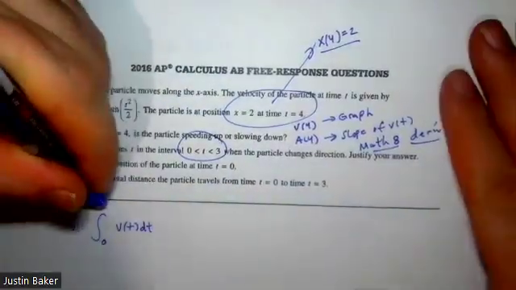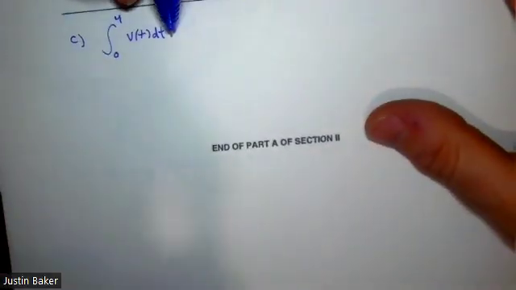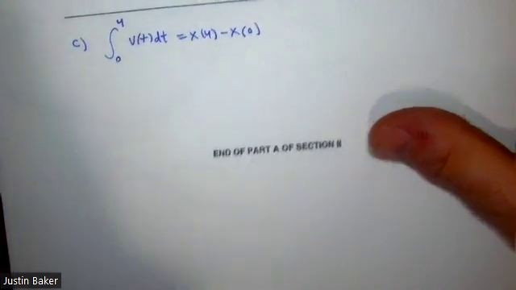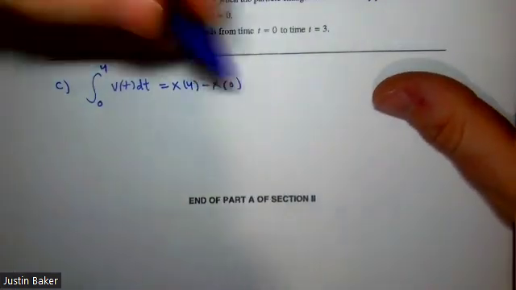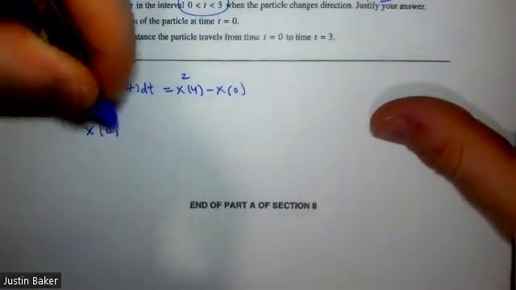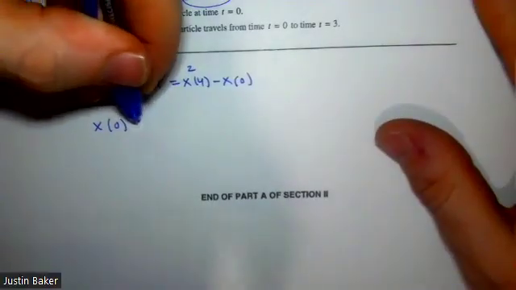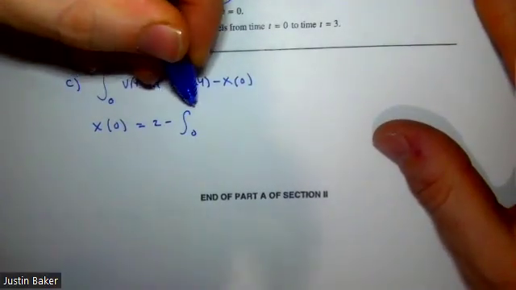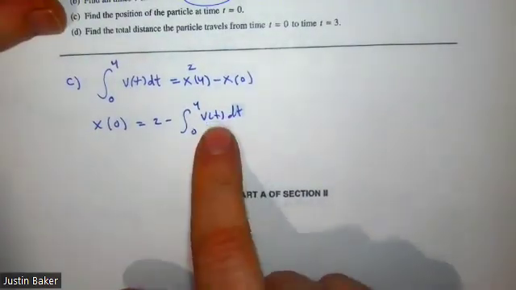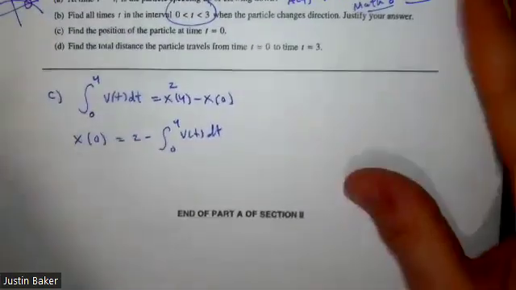So the top bound here is going to be 4. So that is x of 4 minus x of 0. And we know x of 4 is equal to 2. So now we have x of 0, slide that to the left, is equal to 2 minus the integral from 0 to 4 of v of t dt. You would type that into a calculator and get an answer.